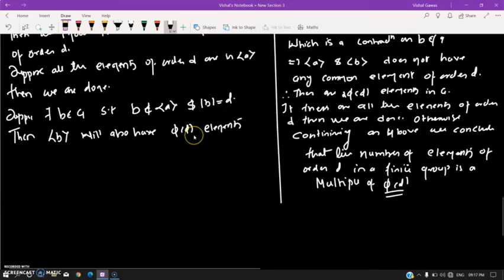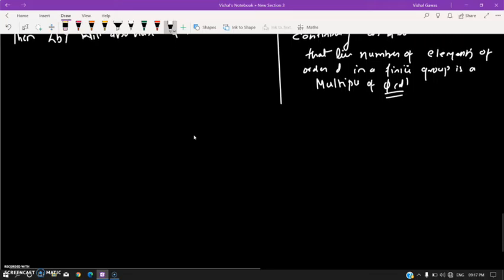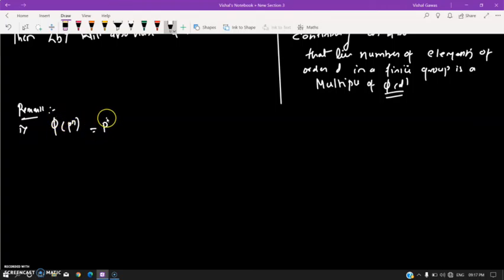All right. Let's end this idea with a few remarks. Remark one. If I look at phi of p raised to n, this is nothing but p raised to n minus p raised to n minus 1, where p is prime.